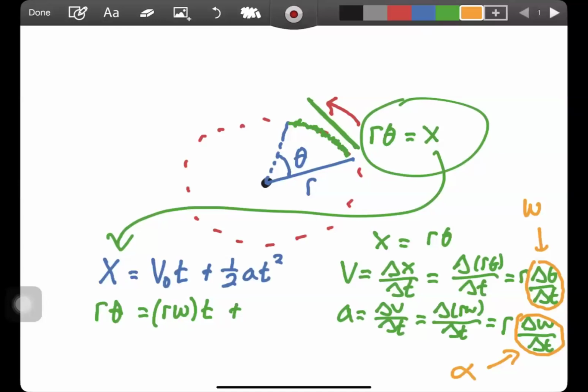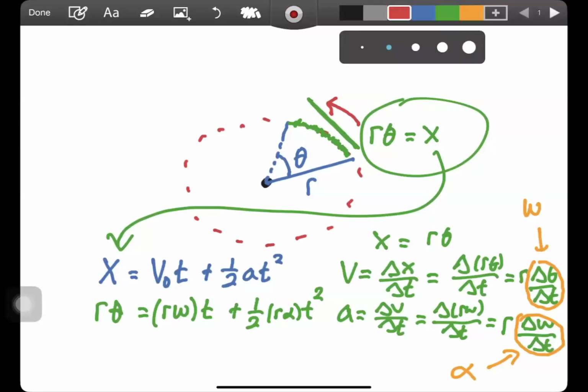So now I can finish off my transformation. So going back, I have 1/2, and now I'm going to put my transformation for acceleration. This is going to be r alpha multiplied by t squared. And so look at how there's this constant radius r in each of these terms.